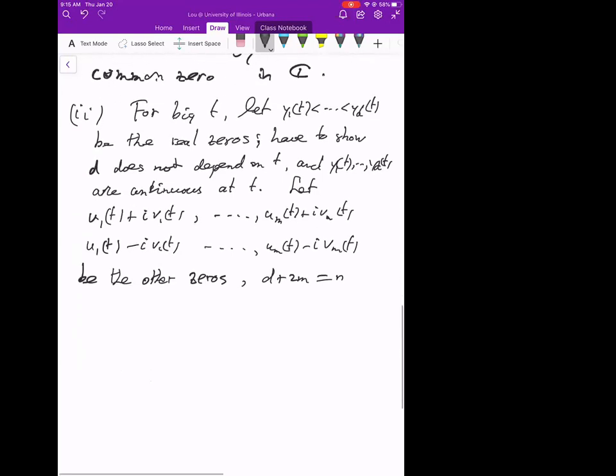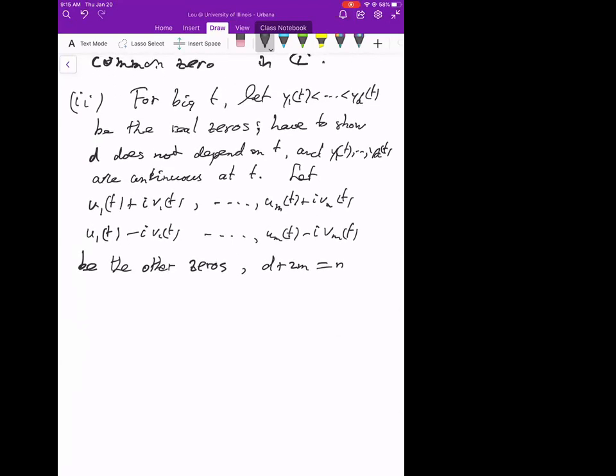And maybe I should draw a picture. Well, this is an example where you have 3 real zeros and 4 complex zeros, right? And so what we are doing, we are putting little circles around each zero, such that the circles are disjoint.